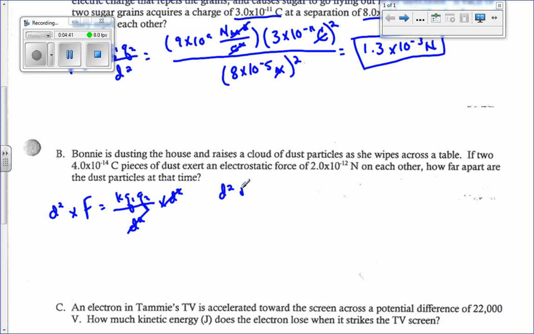Distance squared times F is equal to K Q1 Q2. Divide out F. Whatever you do to one side, you have to do to the other. So divide out F over here. Get rid of F on the left. Rewrite the equation. D squared is equal to K Q1, Q2 over F.